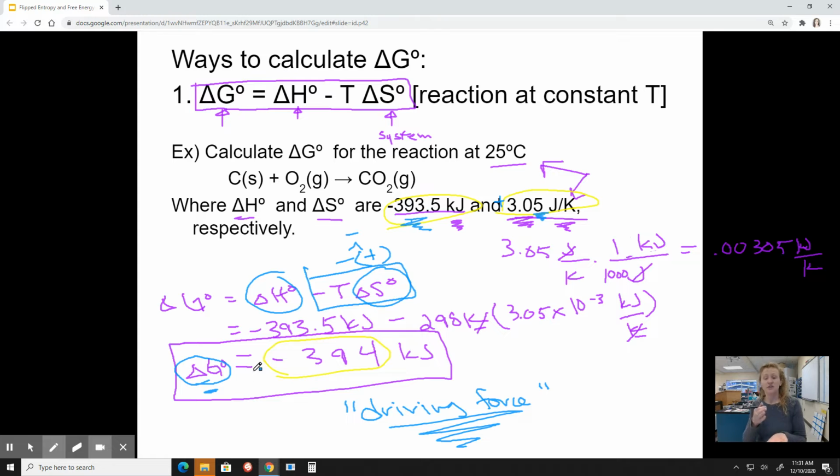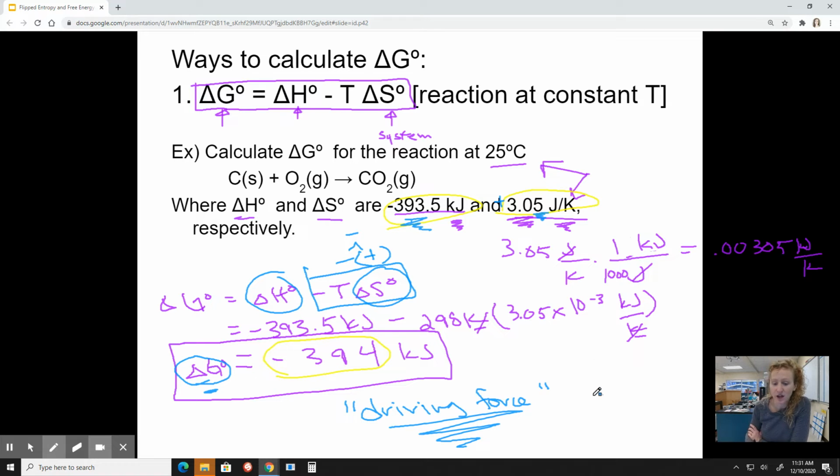Sometimes if your delta G ends up being one sign, the driving force is going to be the one that has the sign that matches the delta G sign. So if your delta G comes out to be negative, it's whichever one is driving in the negative direction. If your delta G comes out to be positive, it's whichever term drives the delta G in that positive direction.